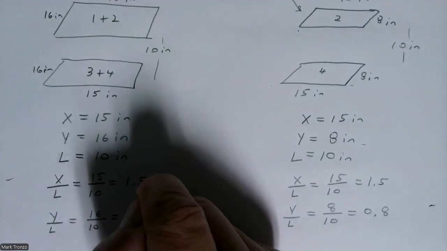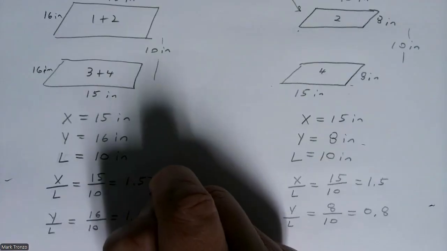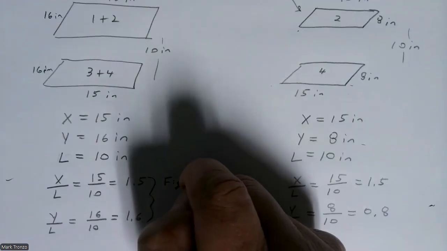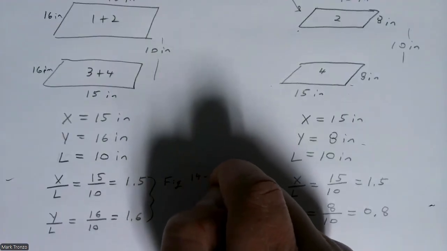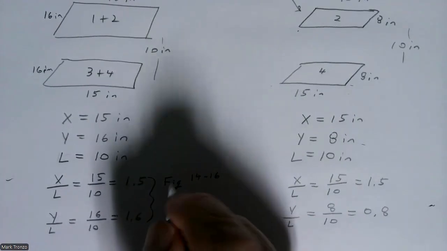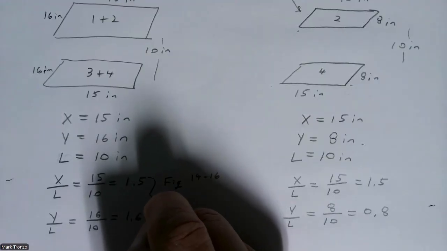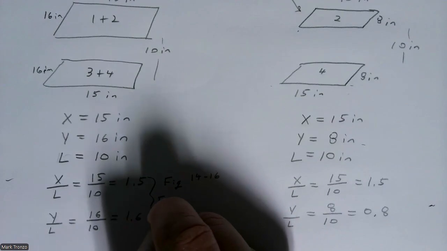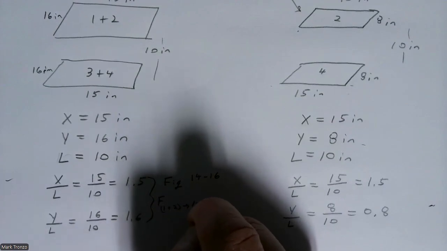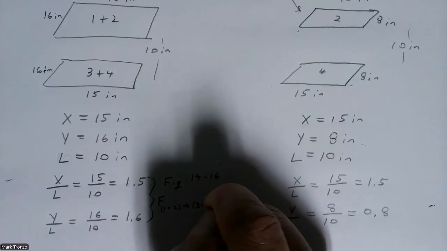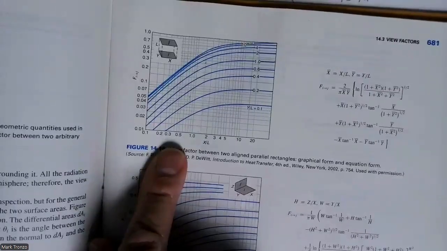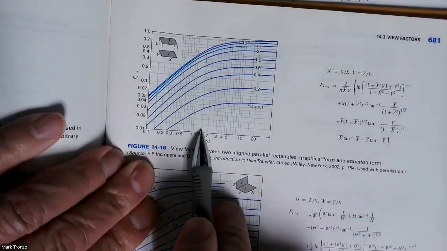Now for this over here, again, if we look at our figure, in my book this is figure 14-16. And so this is going to be our F 1 plus 2 to 3 plus 4. And we have 1.5 and 1.6. Again, 1.5 down here.